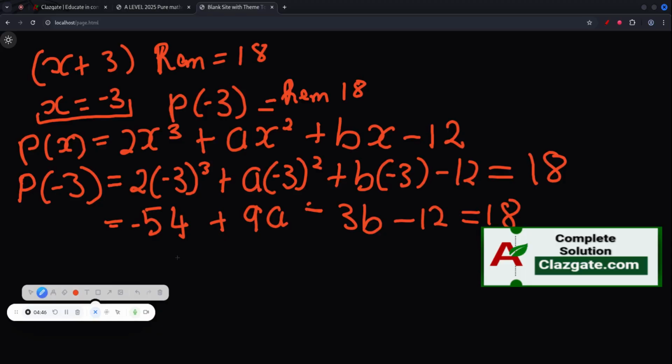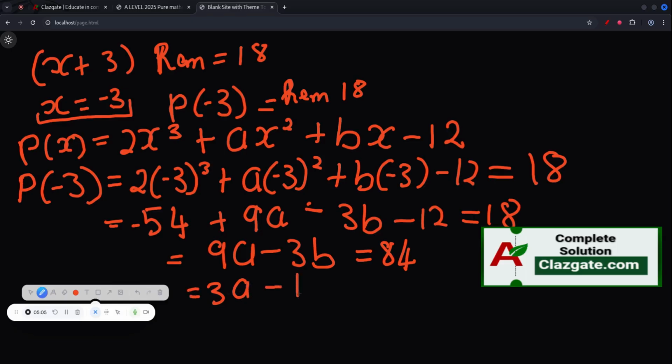And when we simplify further, we're going to have 9a minus 3b is equal to 84. Simplifying further, 3 can divide all of this. So we are going to have 3a minus b is equal to 28. And this will be our equation 1.